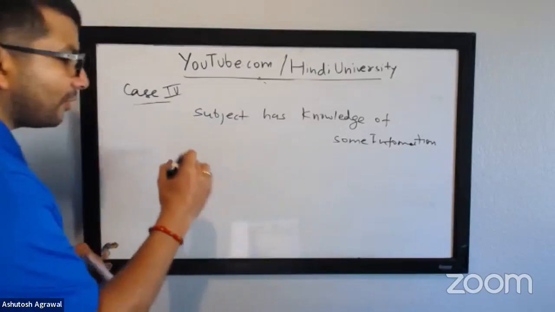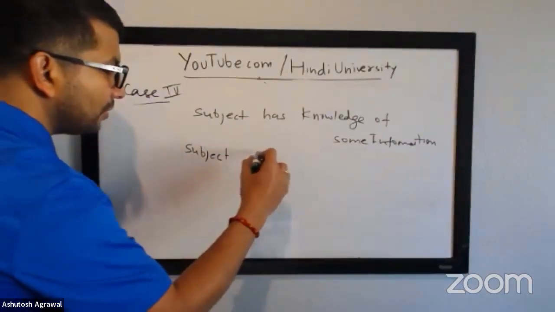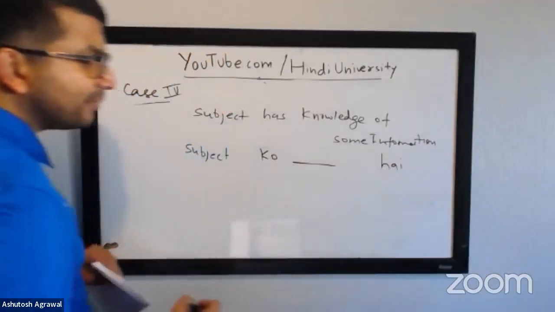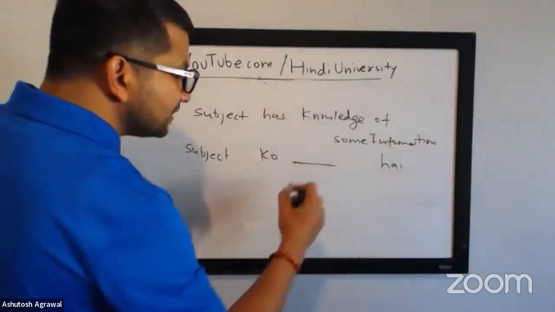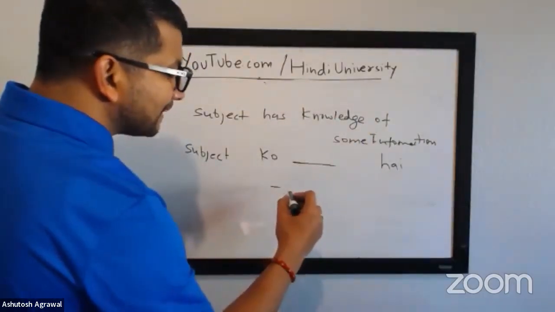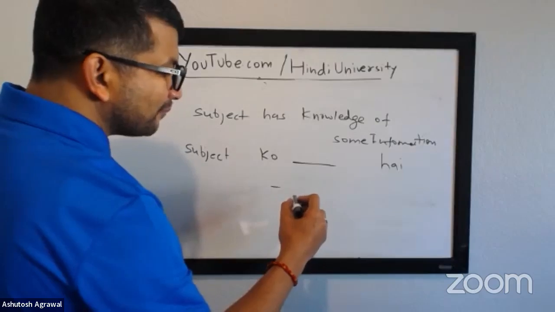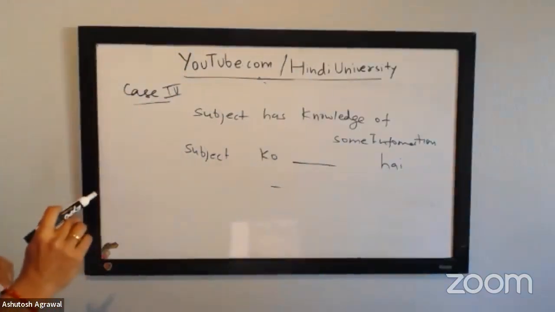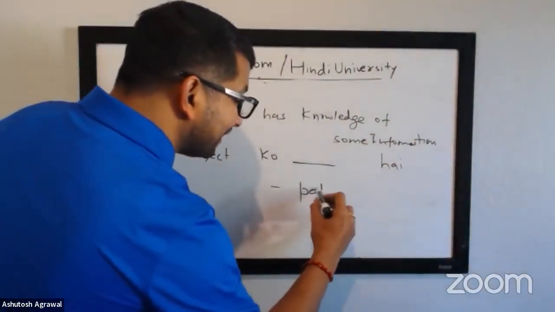It's almost like subject को, after that something है. The word that we have in Hindi for knowledge of some information is subject को पता है. Very good. Subject को पता है.